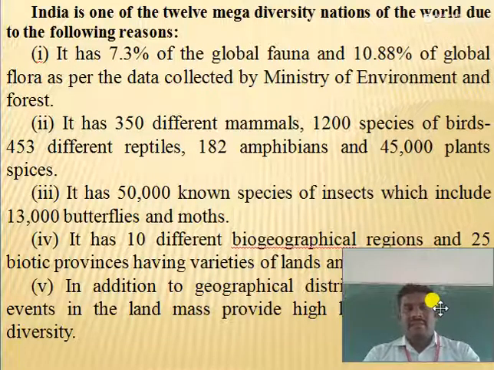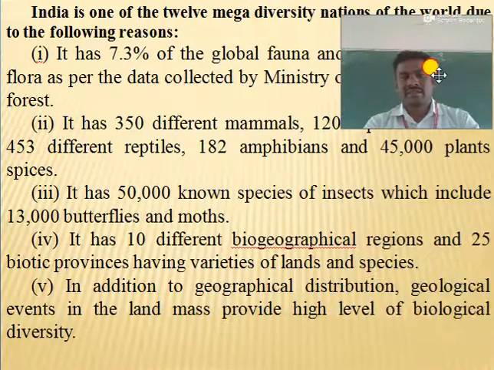Third, it has 50,000 known species of insects, including 30,000 butterflies and moths. Fourth one is it has 10 different biogeographical regions and 25 biotic provinces having variety of land and species.